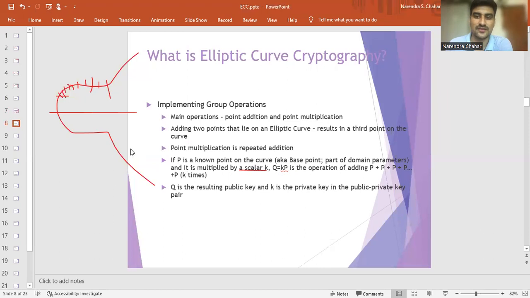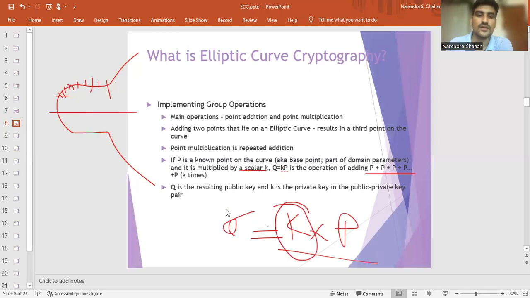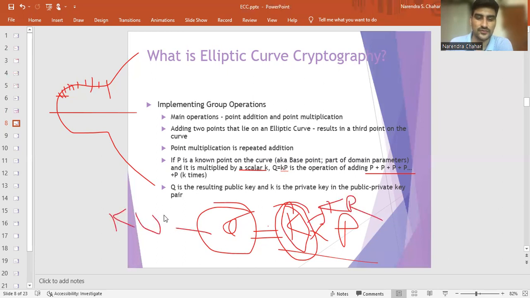This is the operation of adding P, k times, k multiplied by P. kP means k times P. Now Q is the resulting public key, and k is the private key in the public-private key pair. We can say this is the private key kr, and this is the public key ku.